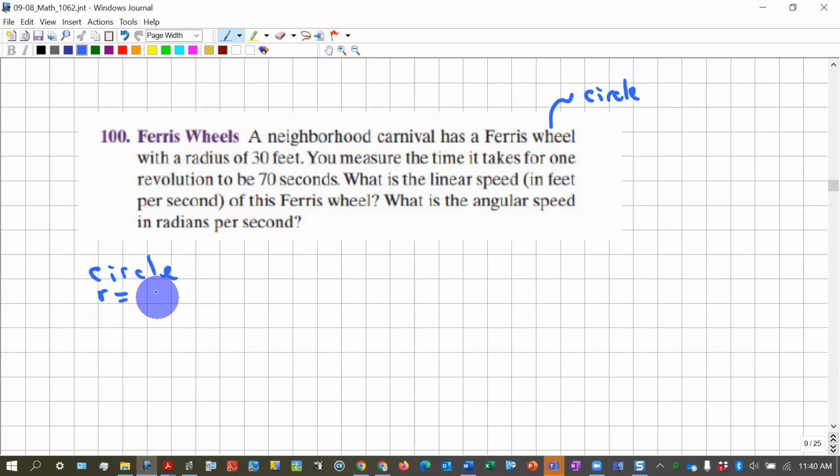We know the radius is 30 feet. And as it's going around, it takes you 70 seconds for one revolution. So one revolution equals 70 seconds.